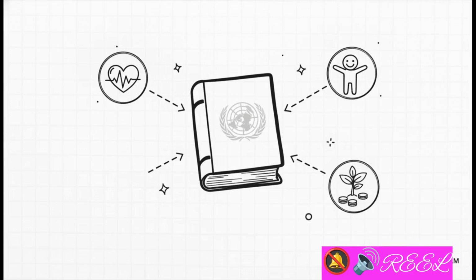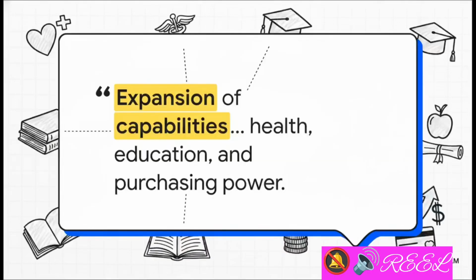The UNDP is responsible for publishing these massive, heavily data-driven reports, and their goal? To track whether economic growth is actually helping citizens live better, longer, and more fulfilling lives, rather than just enriching a country on paper. And this brilliantly illustrates the core philosophy of development, famously defined by the renowned economist Amartya Sen.